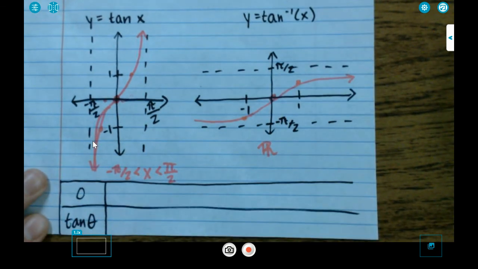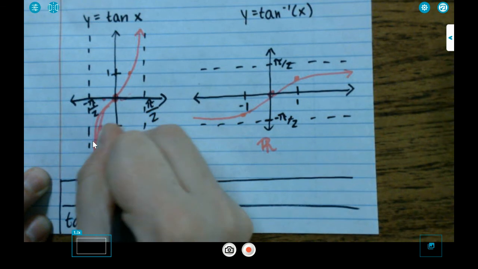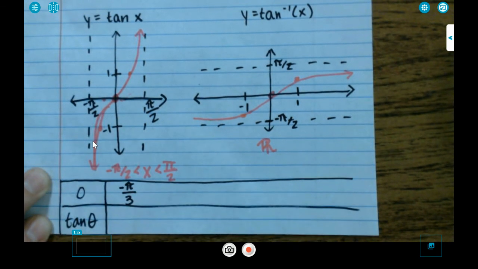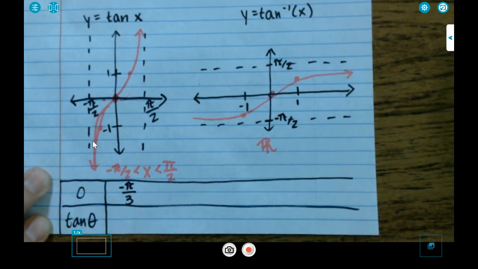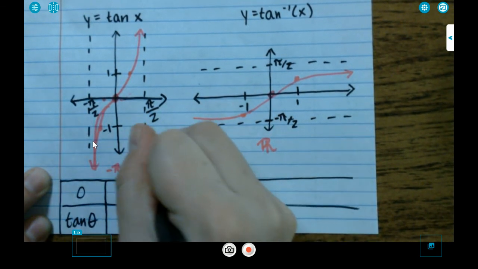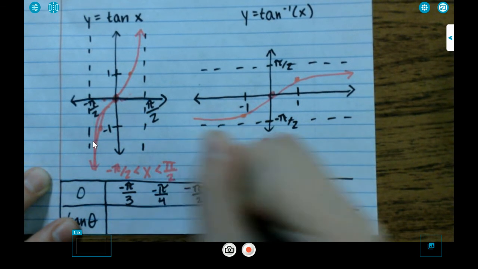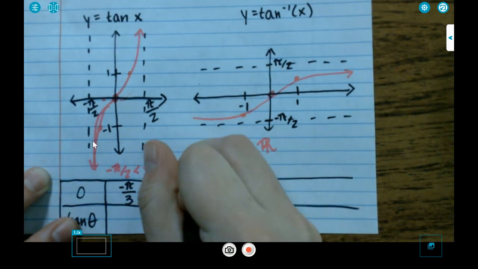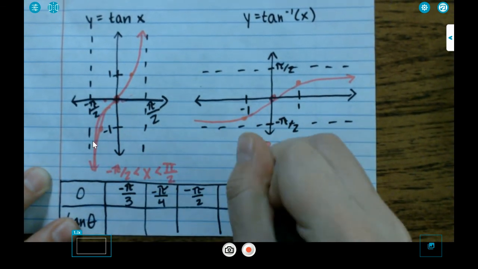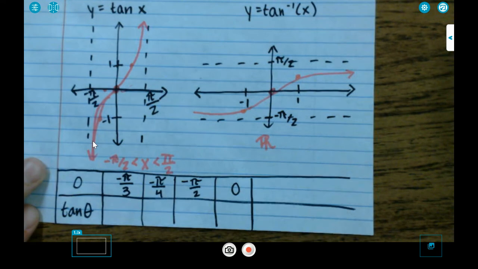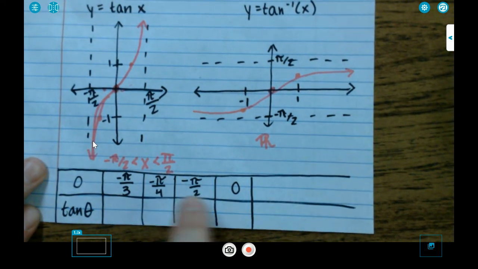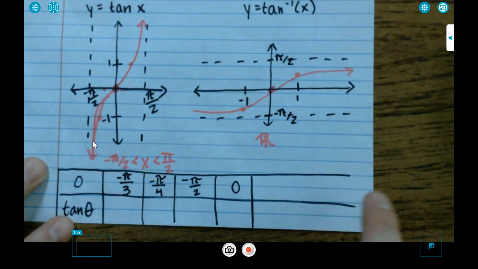So we're not going to do negative pi over 2, but we will do negative pi over 3, negative pi over 4, which would be negative 45 degrees, and negative pi over 6, and then 0. And then we repeat these positive pi over 6, pi over 4, pi over 3.